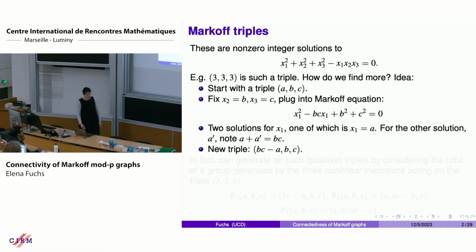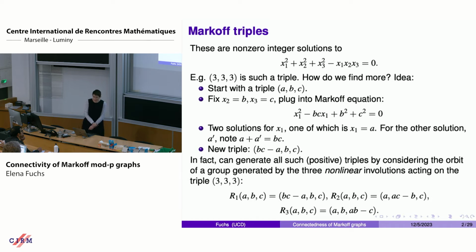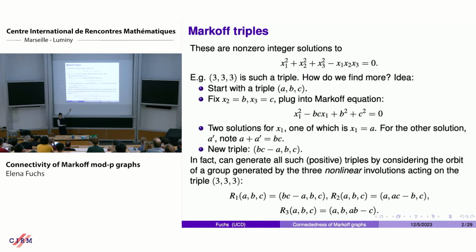Okay? So that gives you a nice way to generate some triples. And in fact, it's known that it'll generate all such positive, so non-negative, triples. First of all, I should say, what we did was we fix B and C and solve for A, but there's no reason why you shouldn't fix A and C and solve for B, or A and B and solve for C. So you get these three transformations, which sends A, B, C to BC minus A, B, C. That's the one we considered.